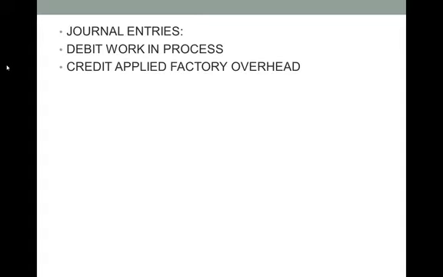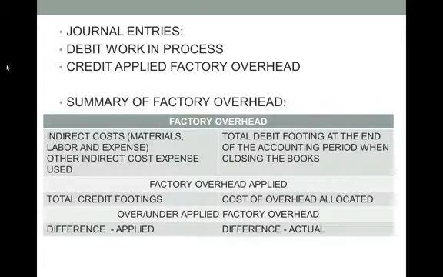Now, let's have the summary of the factory overhead. To summarize factory overhead, what we need to see in the debit and credit side. Factory overhead, debit side: indirect costs, materials, labor, and expense.